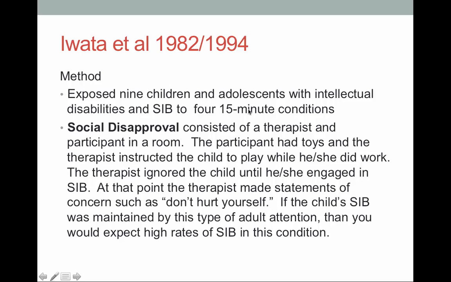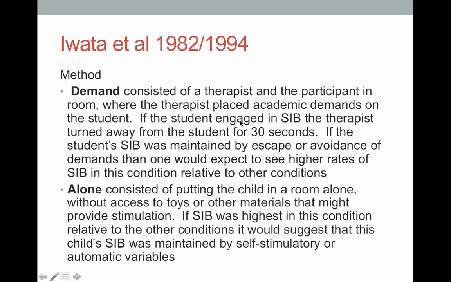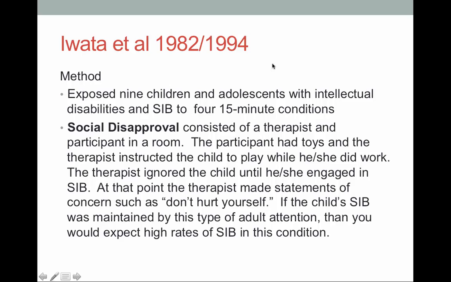They were children and adolescents with intellectual disabilities and SIB. He ran 15-minute conditions. Typically now people run a lot shorter conditions, as you'll see in the next couple of weeks. First condition was a social disapproval condition, which consisted of a therapist and a participant in the room.